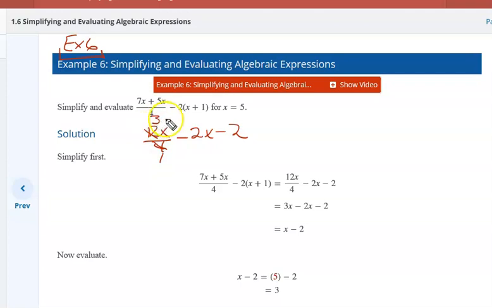So we get 3x minus 2x is 1x minus 2, and we're saying x is 5. So 1 times 5 minus 2, 5 minus 2 is 3. I don't know why I put that extra symbol there. There we go.